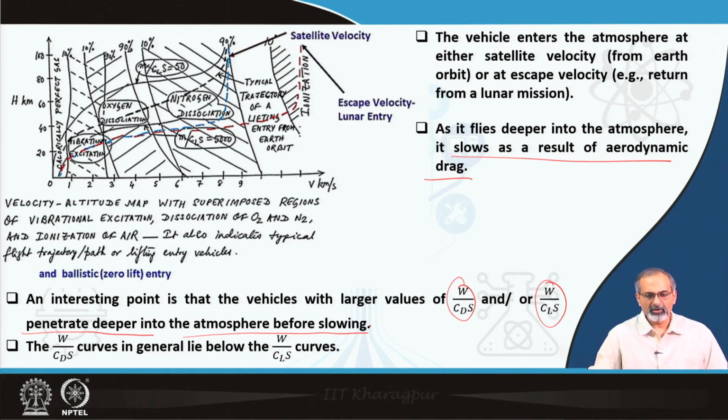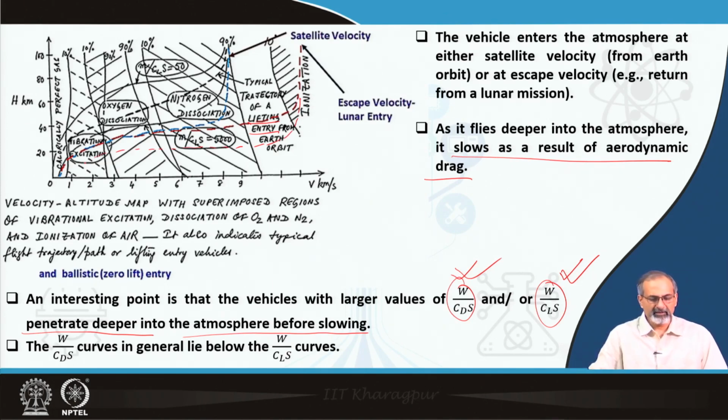Therefore, if you are talking about a lifting entry, then a larger value of W by CLS will push the trajectory deeper into the atmosphere before it slows down, which means it loses altitude without losing much velocity, thereby dipping to a deeper trajectory. The same happens for a ballistic entry too. If it has a higher value of W by CDS, it would move down further before it starts slowing down.